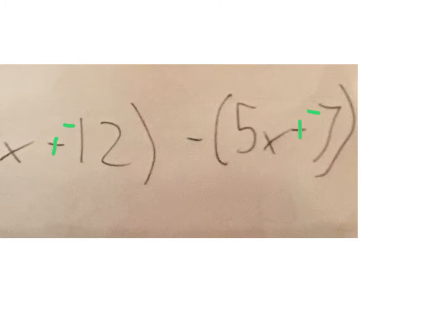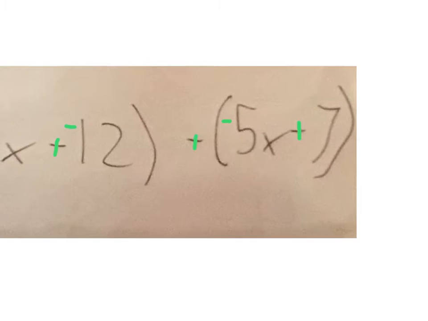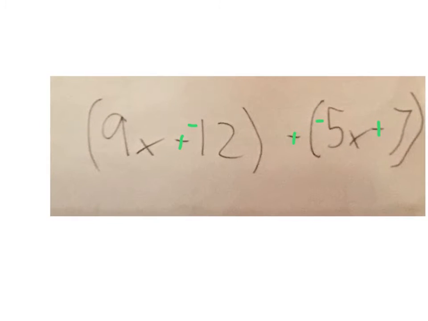So what we do is we change this to a plus, change the 5 to a negative 5, and the 7 back to 7. Now we can add. 9x plus negative 5x equals 4x, plus negative 12 plus 7, which equals negative 5. So the answer is 4x plus negative 5.